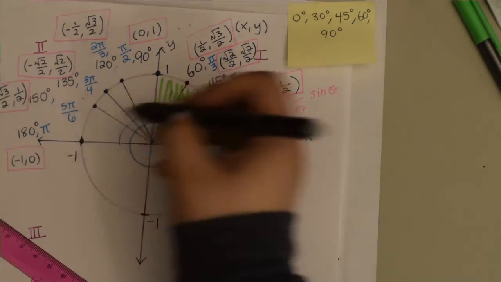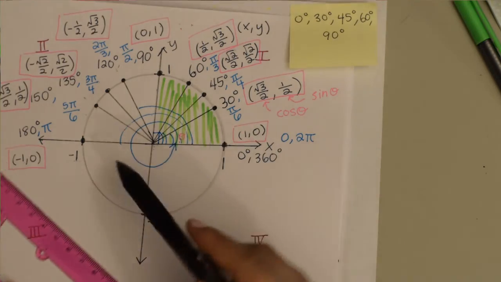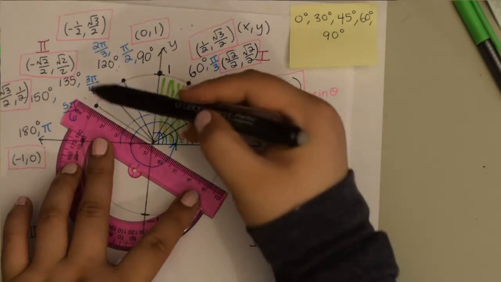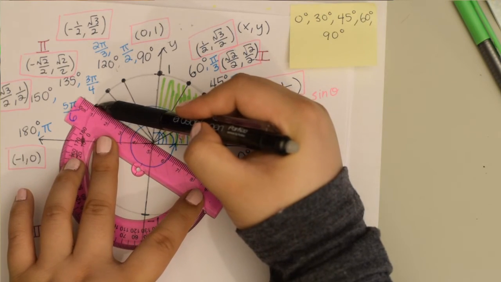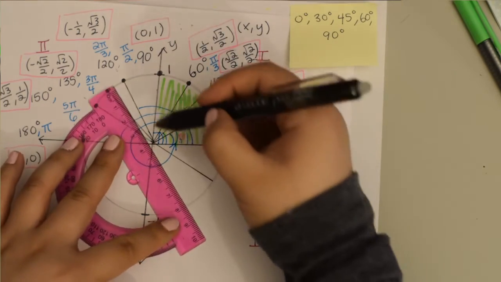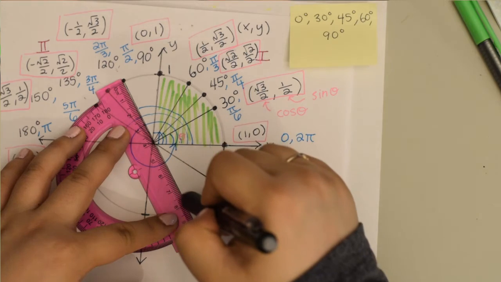So now that I did these two, I can actually reflect over to 3 and 4 pretty easily just by extending them, thankfully. I don't have to actually recalculate or remeasure. I can just extend across 180.